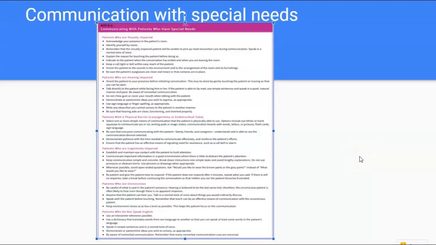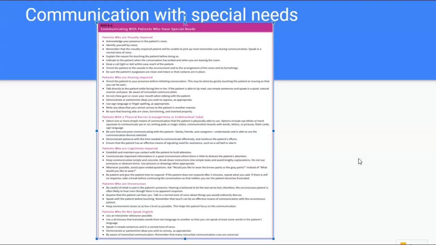So, communication with special needs. We have to be cognizant of different things that can happen in communication, such as taking care of somebody who is visually impaired or hard of hearing. Maybe there are physical barriers for the patient communicating with us.